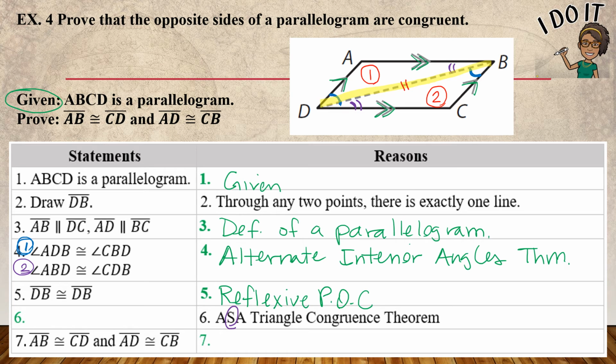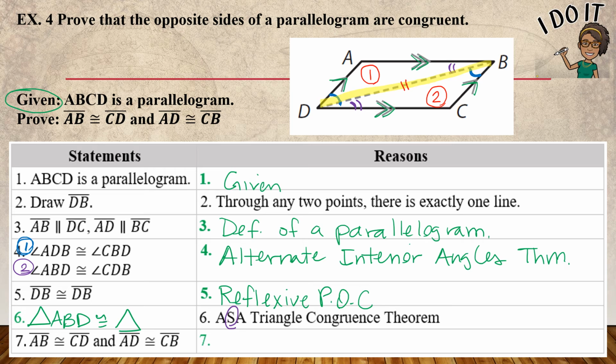So we have to identify the names of the two triangles that are congruent. Well, the first triangle name that we can start with is triangle ABD. ABD, that's triangle number 1. And then remember they're corresponding, so that means the sides and angles have to match up with the name.